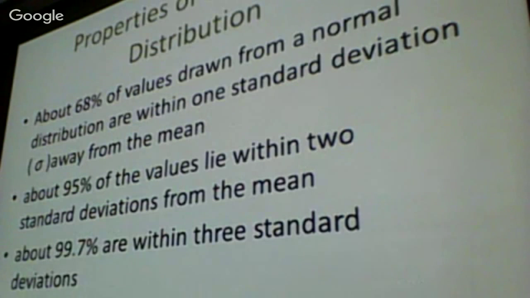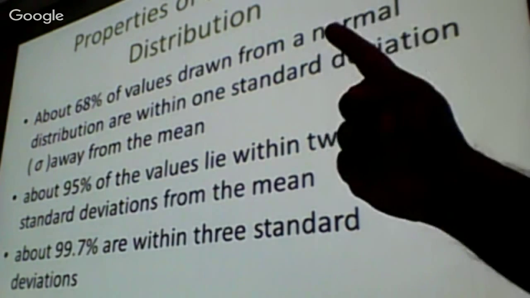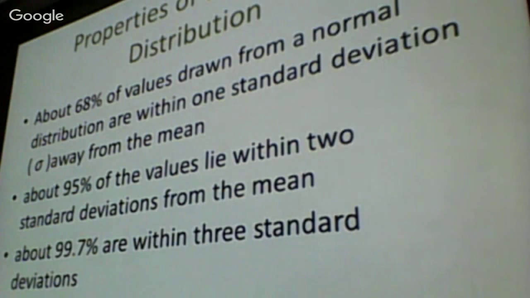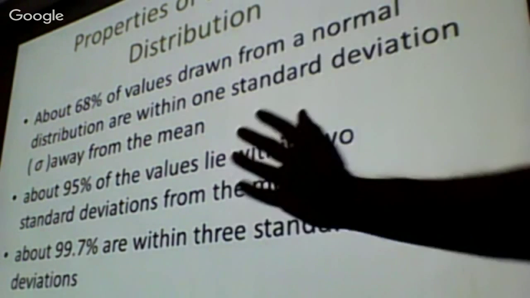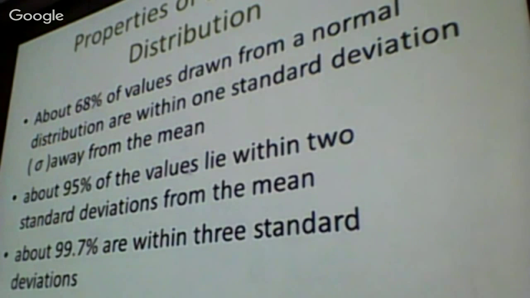So again, some things about the normal distribution. 68% of values drawn are within one standard deviation. I've covered that already: 34.1% one way, 34.1% the other way. Together they're 68%. 95% is 2 standard deviations away. 99.7% are 3 standard deviations away. Some people call this the 3 sigma rule.